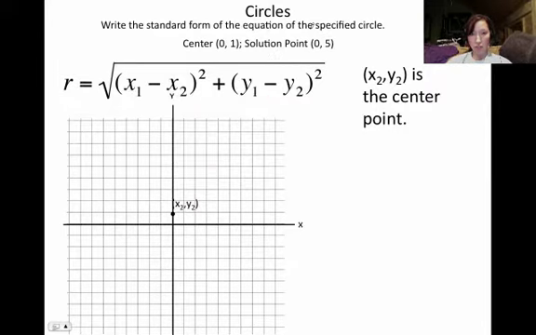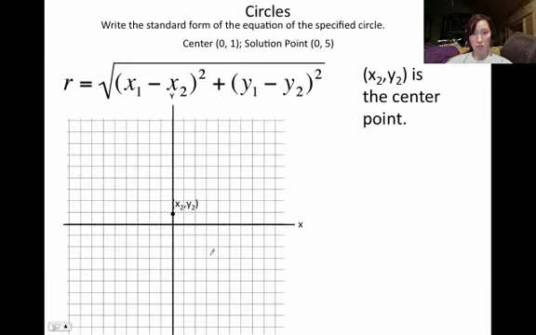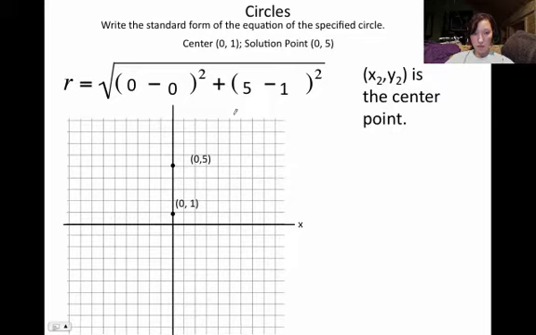So again, that's going back to this right here, that knowing that x and y in our equation was a solution point or one of those true values in that equation, so therefore making up that graph. Alright, so now filling in our solution point here, 0, 5, so we have our center, solution point, the x, y value of the center, and the x, y value of our solution point given by what that equation states.